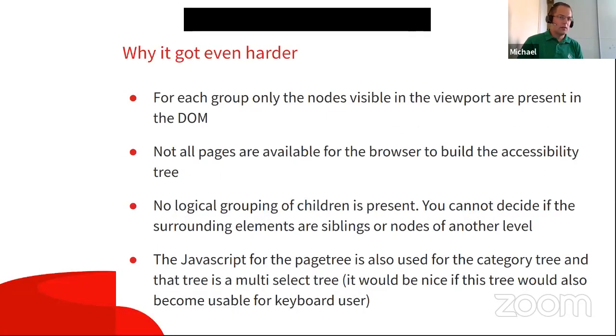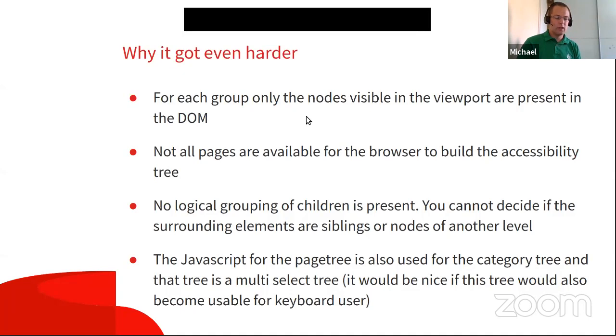But it got even harder because you only have the nodes in the DOM present that are visible in the viewport. So it is a scroll view list, and only the currently visible nodes are in the DOM.